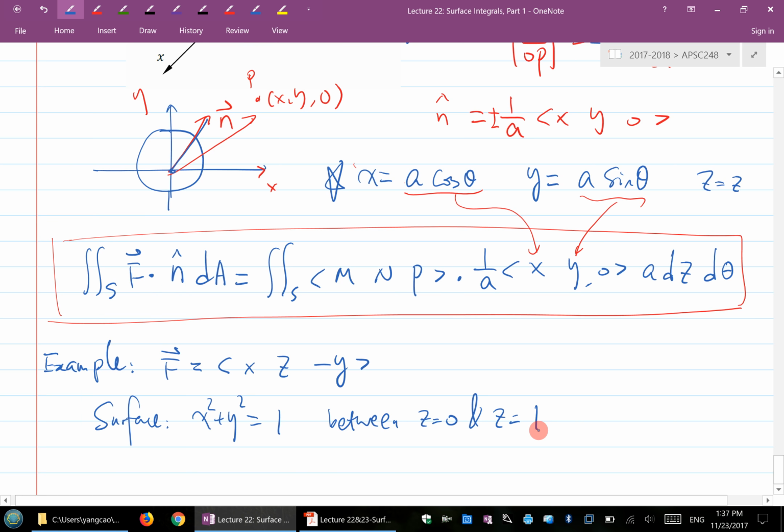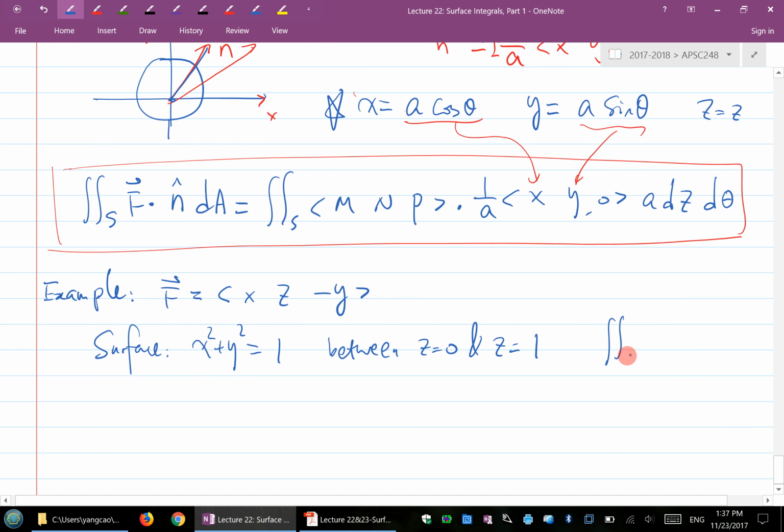So you have a vector field, you have a surface, and obviously this is a cylindrical surface. And we're going to calculate this flux. Okay, let's calculate the outward flux.